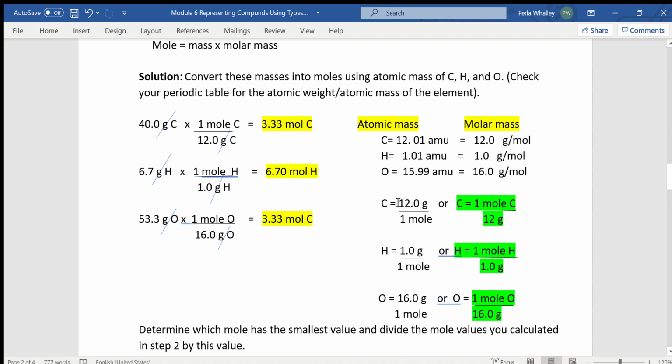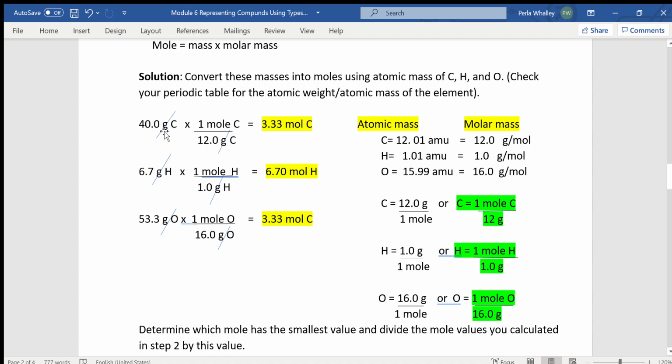So you just decide which of these two to use so that you can cancel out the required unit. Here we need to cancel grams because we need the mole. Between these two, the one with the green highlight is used because when the gram is in the numerator, the other gram to cancel it out should be in the denominator.